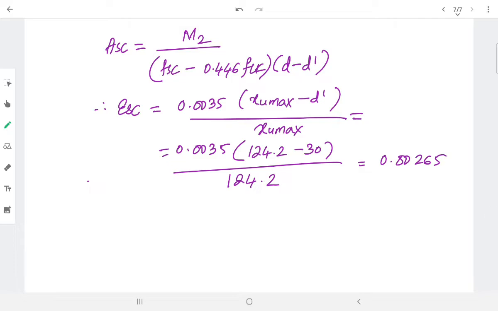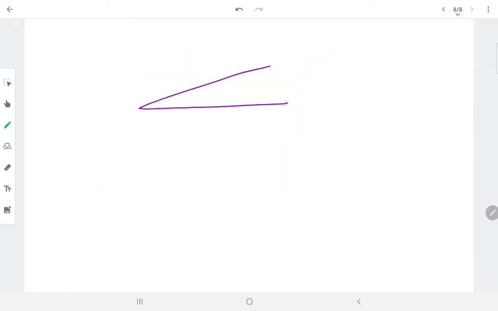Next, based on that, we will calculate FSC, and later you can easily calculate the value of ASC. Based on the strain value, that is 0.00265, we will find the value of FSC. So I will go for interpolation from the chart given in SP16.